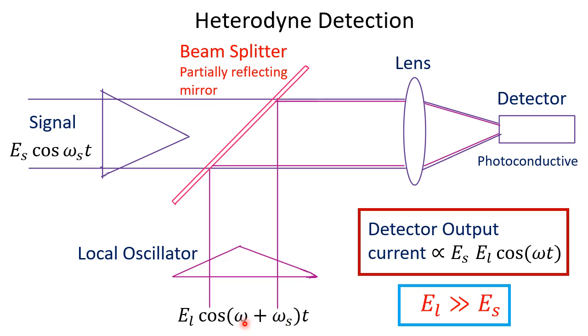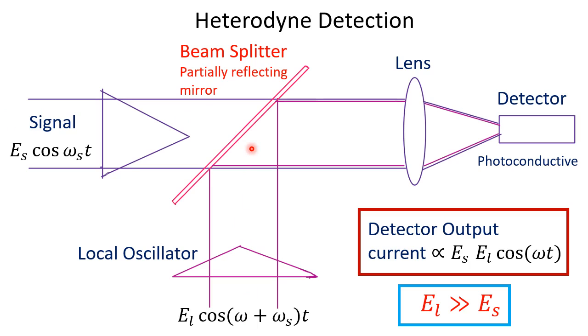I've got, for example, a frequency where omega is a small value, such that omega plus omega_s is slightly different from omega_s itself, right? There is this small shift. That is why this is called heterodyne. You are beating the original signal with a frequency shifted signal.